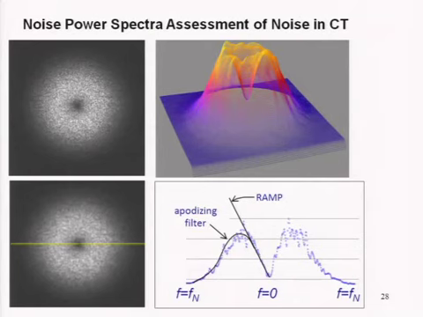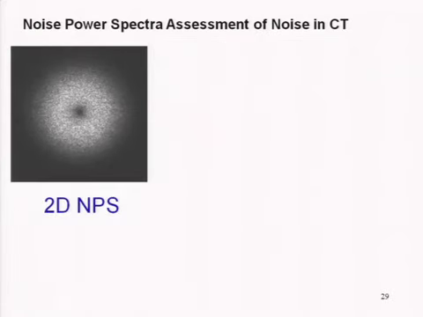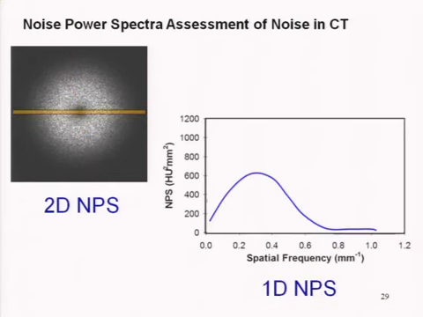And then the roll-off at this end is the roll-off of the apodization filter that's always used in CT for noise management. And so we can convert this function by doing a 2 pi integration and come up with a 1D noise power spectra, which is easier to put in your reports and easier to look at.